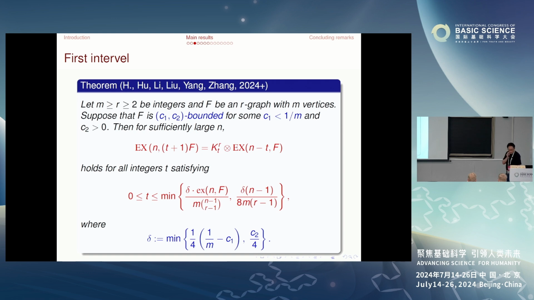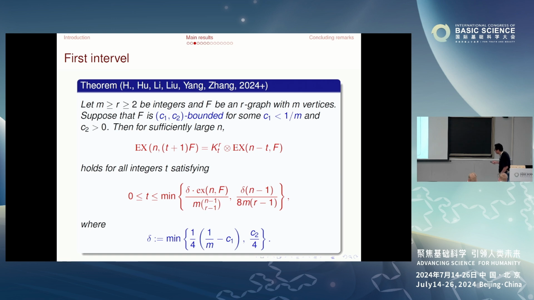Okay, for the first interval, our first result is about this one. If F is (C1, C2)-bounded, where C1 is at most 1 over m, this is important in our proof, then for sufficiently large n, we always have that the extremal construction of (t+1)F is a union of a complete graph and an extremal construction.